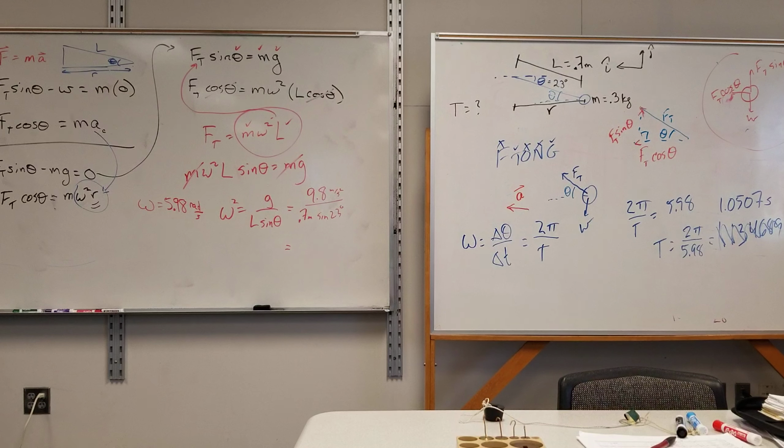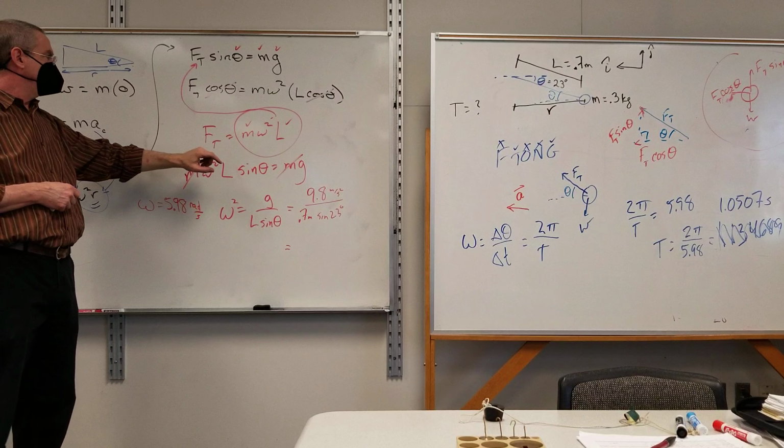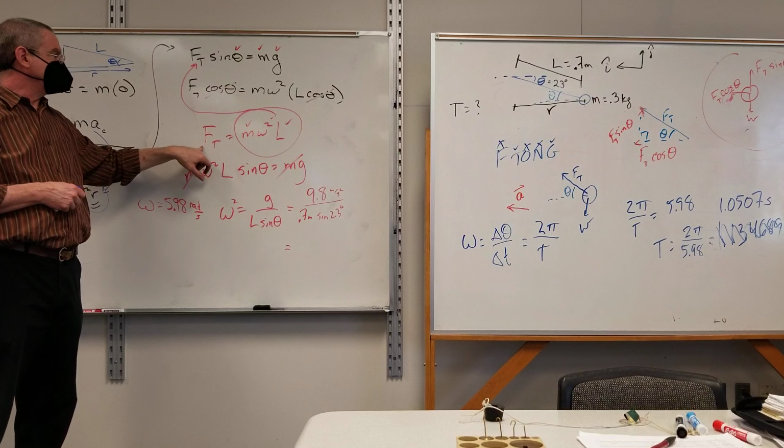Questions? All right. We're going to do a lab on Thursday, the centripetal motion lab. This is not exactly what we're doing, because we will know the tension, and we'll actually be plotting omega squared versus the tension.